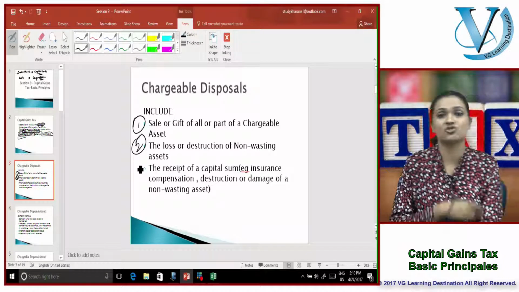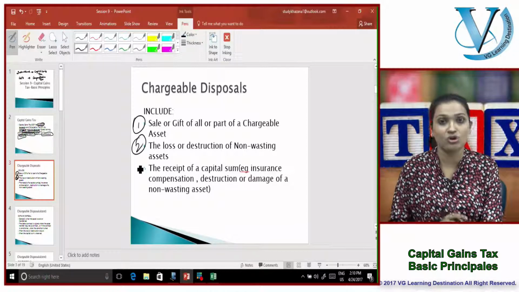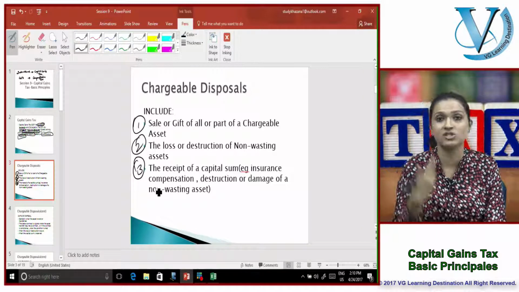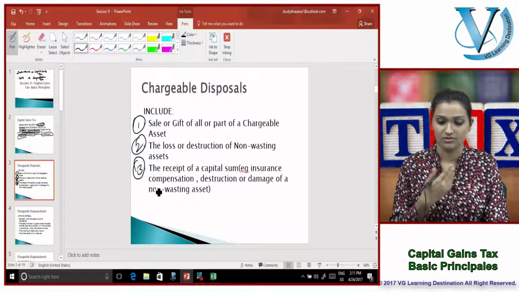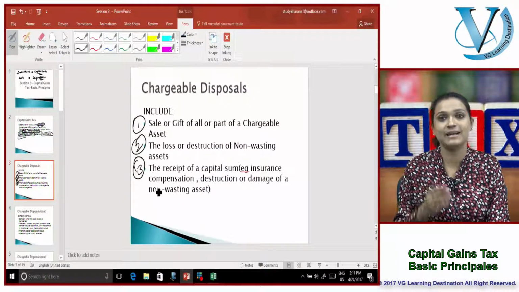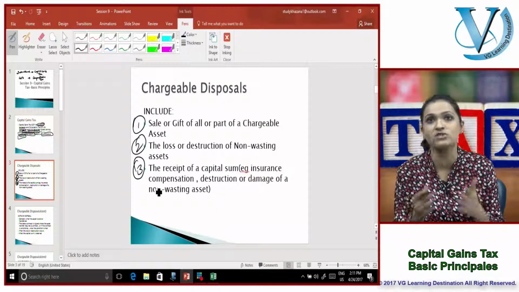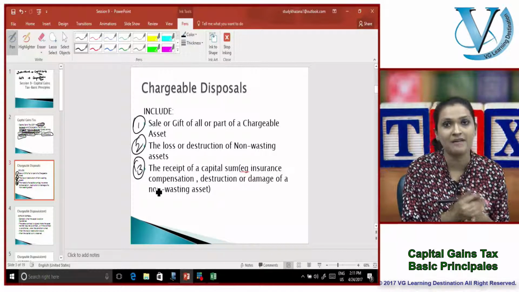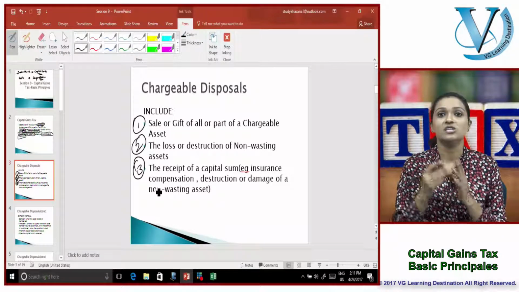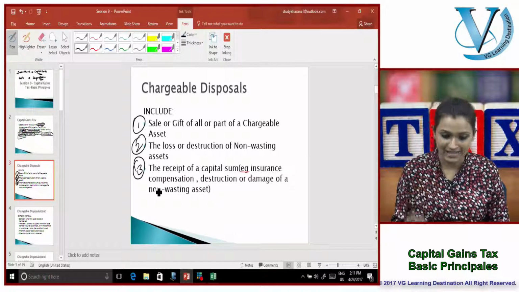Also considered is the receipt of a capital sum like an insurance compensation for destruction or damage of a non-wasting asset. So any asset being sold off in the market at open market value, being gifted at zero value, or getting destroyed, all are considered chargeable disposals, thus giving rise to a liability towards capital gains tax.